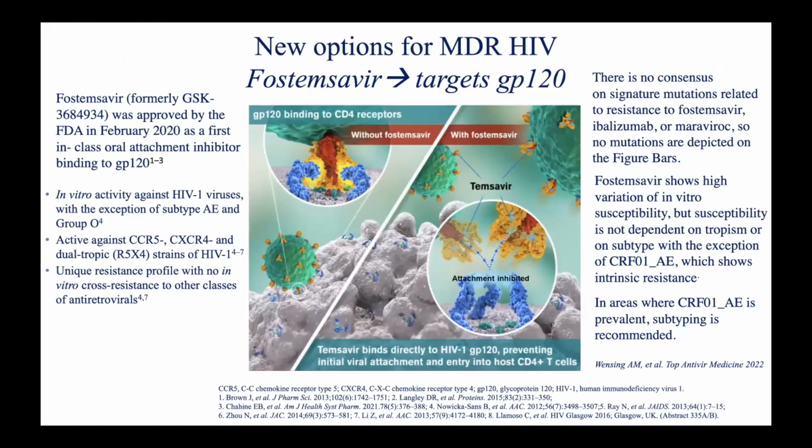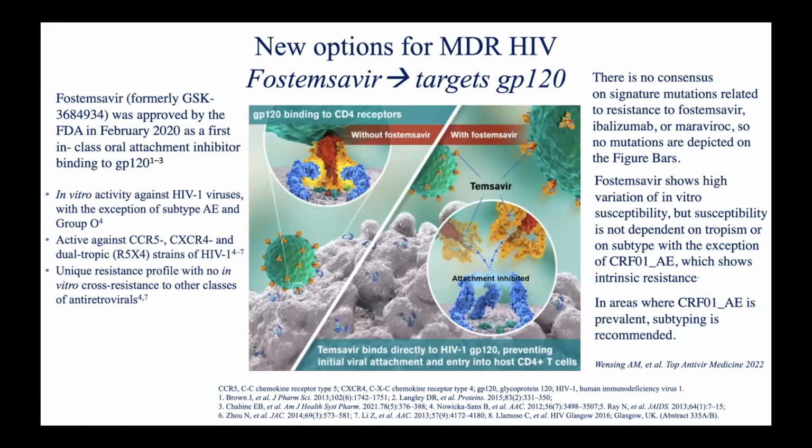So now, speaking about another drug that has been already approved by the FDA in 2020 as a first-in-class oral attachment inhibitor that binds to the GP120, here we can note that there is no consensus yet about the resistance mutations and pattern.